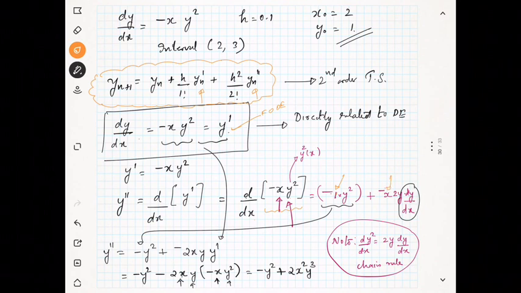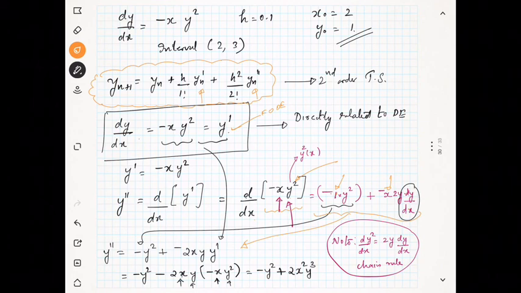After that we differentiate this y square, and it becomes 2 times y into dy by dx. So we can write y double dash as minus y square minus 2 into x into y into y dash, where dy by dx is nothing but y dash.